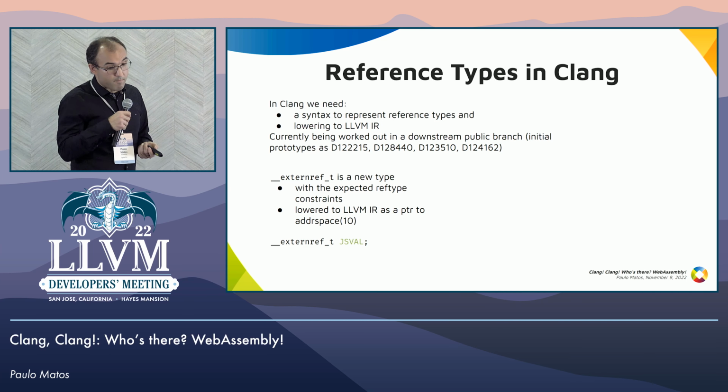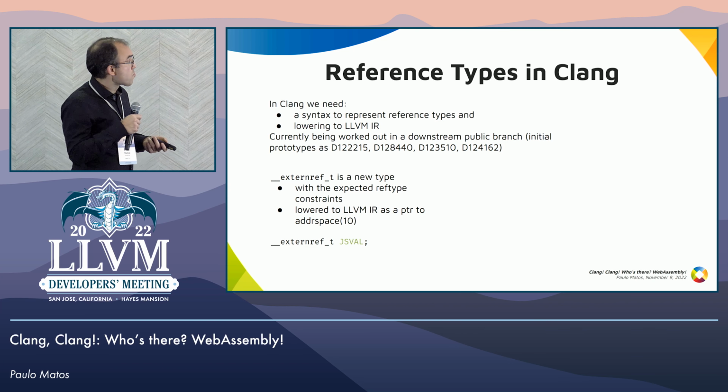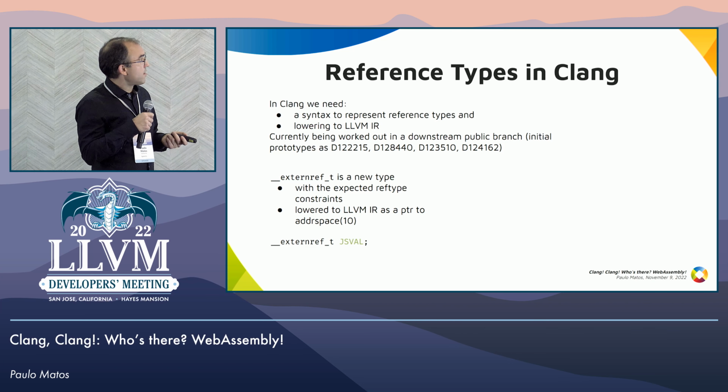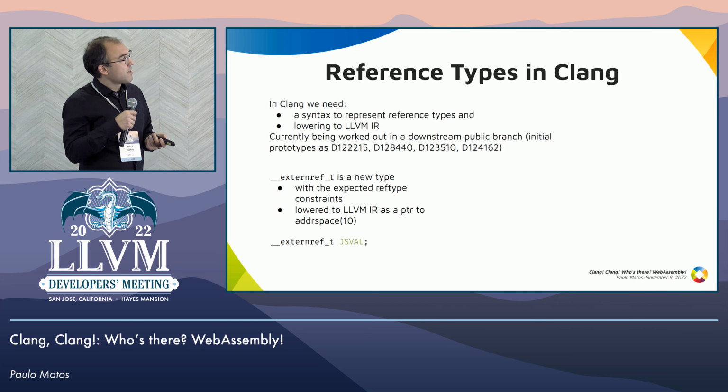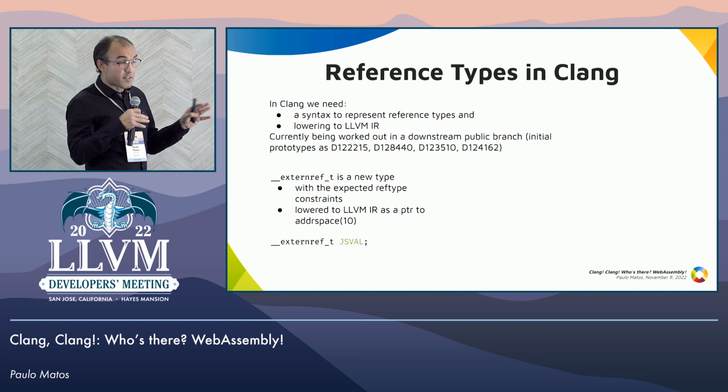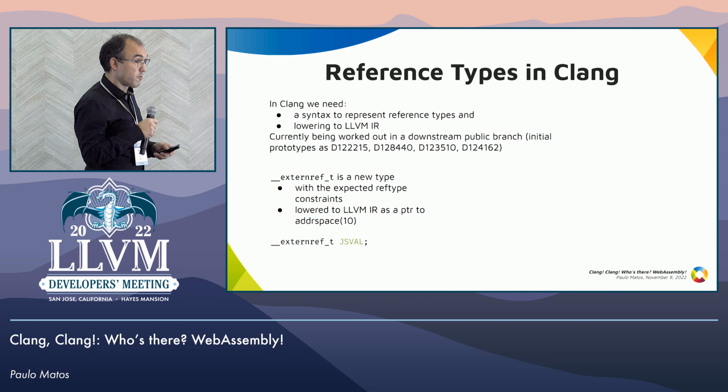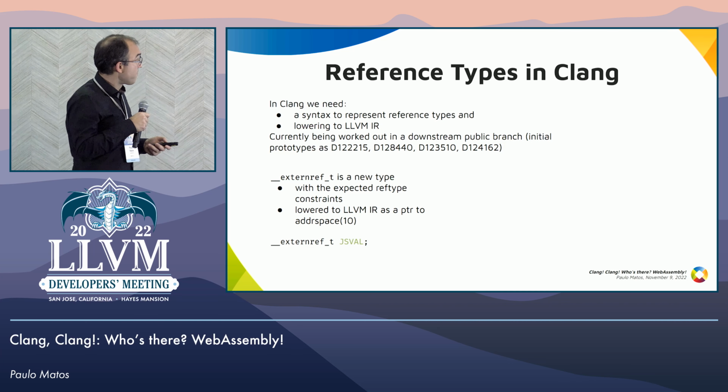We're also following the RFC about opaque types, which, if I'm not mistaken, was renamed just a couple of days ago to target extension types. So we're not the only ones who have similar problems, and the idea is that we're going to try to work together towards a solution.